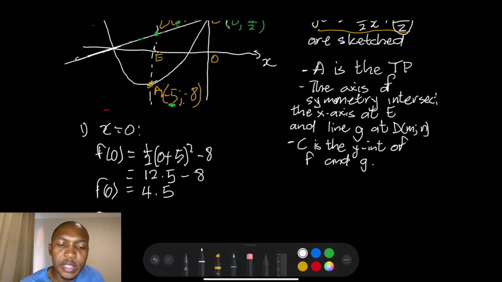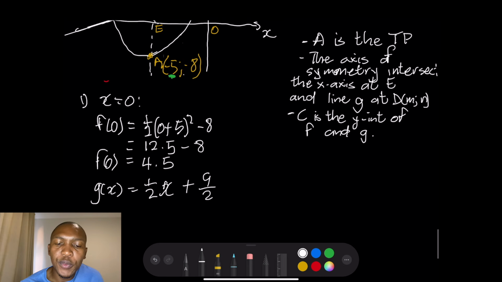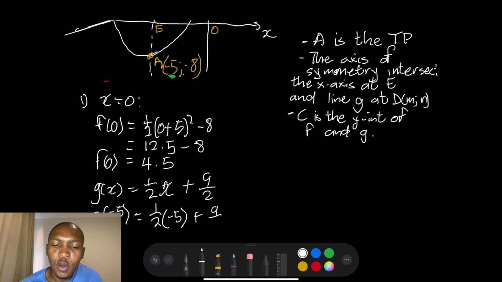So g of x is 1 over 2 times x plus 9 over 2. Okay, but now I'm looking for g of minus 5, which is equal to 1 over 2 into negative 5, plus 9 over 2.